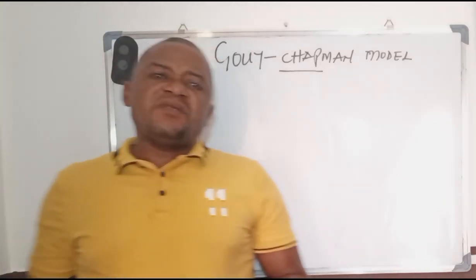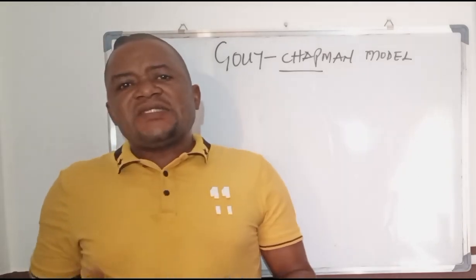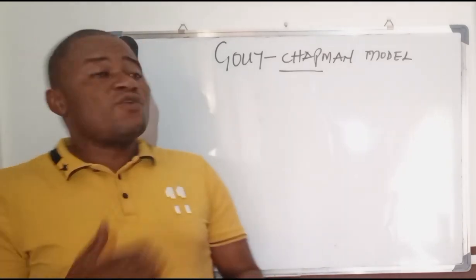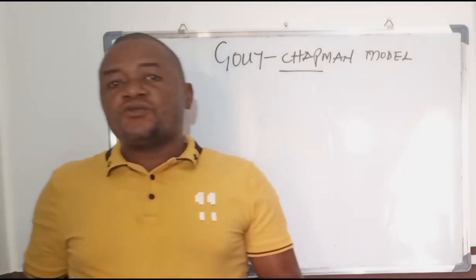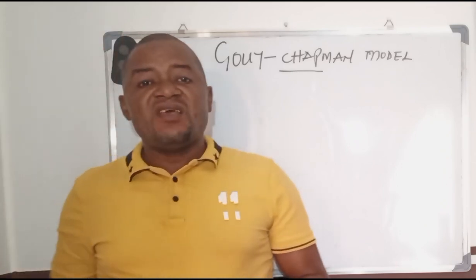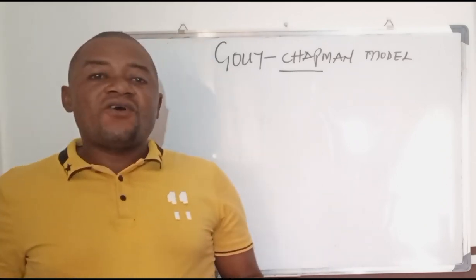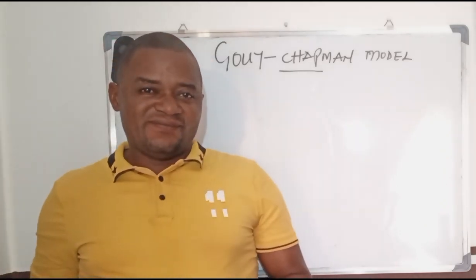Now, what is different in the Gouy-Chapman model compared to the Helmholtz model? It is simple. It is because of the introduction of the diffuse layer.